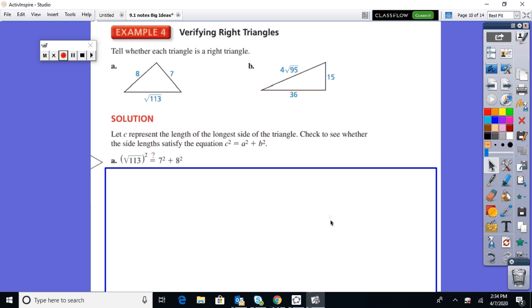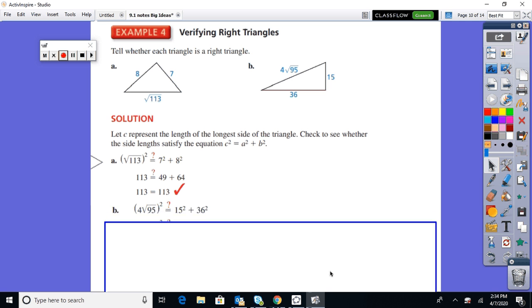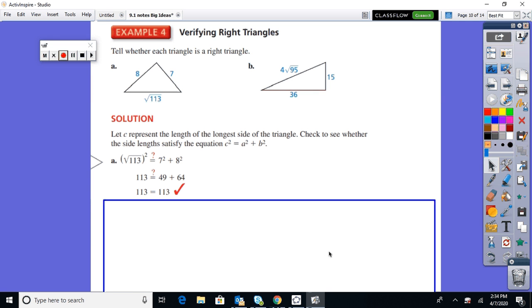So the first one, I take the hypotenuse, and you don't really know what the hypotenuse is based on how it's drawn, but the square root of 113 is the largest number. So you could put it in your calculator and see that it'll be greater than 7 or 8. So you always want your hypotenuse to be your largest number.